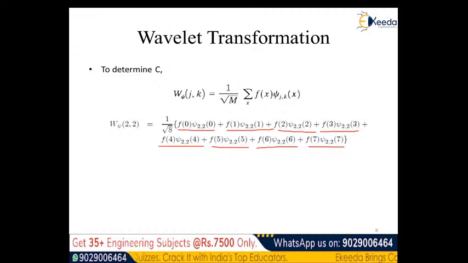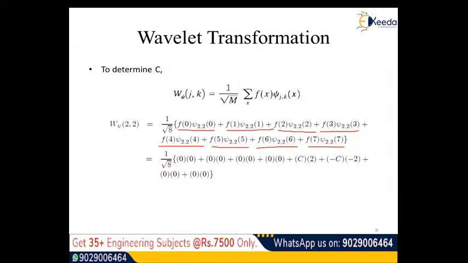Now we can simplify in the next step by substituting the values. Here we get 1 upon under root 8 multiplied by the product of 0, added to again the product of zeros, then again the multiplication of zeros, two times, then we have the product of c with 2, then minus c with minus 2, and again two times we have the multiplications of zeros.